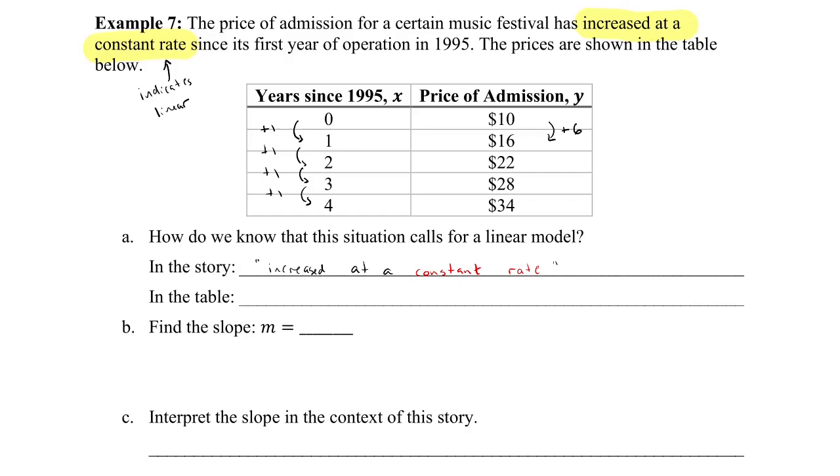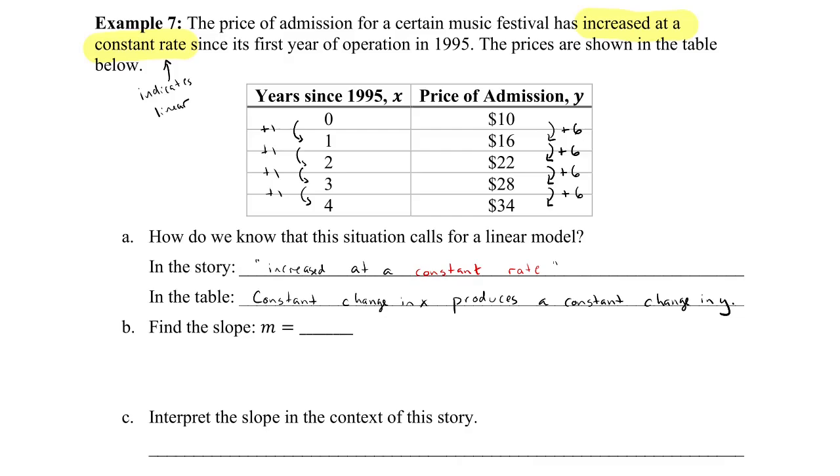Definitely 10 to 16 is an increase of 6. 16 plus another 6 is 22. 22 plus another 6 is 28. 28 plus another 6 is 34. Yes, every time we go down a row, x increases by 1 and y increases by 6. So in the table, a constant change in x produces a constant change in y.